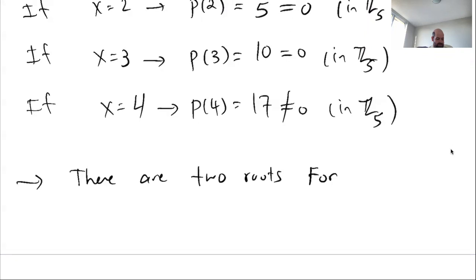As predicted by Lagrange's theorem above, a polynomial of degree 2 has at most 2 roots.